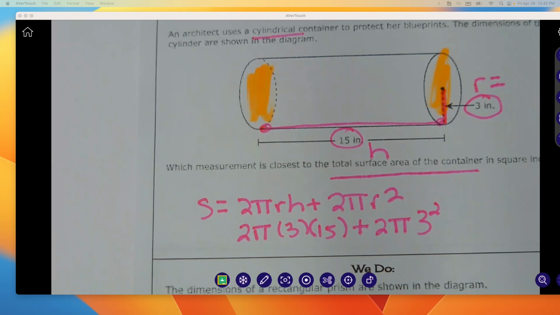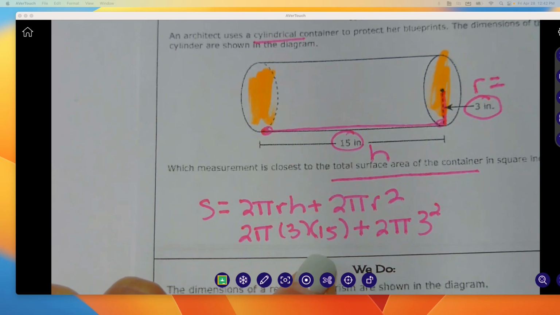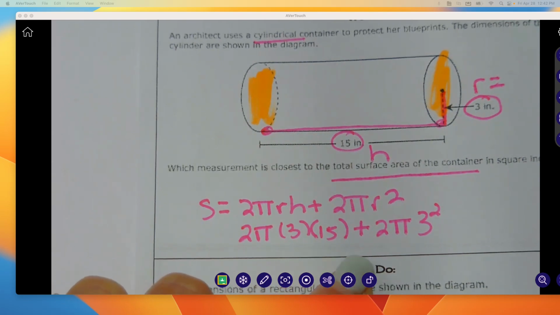Okay, so I'm going to put this in Desmos just like this. I have 2 pi, parentheses 3, close parentheses, parentheses 15, because parentheses just mean I'm multiplying, plus 2 pi 3 squared.